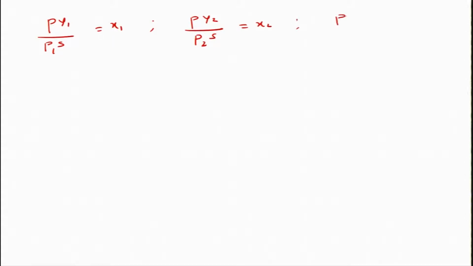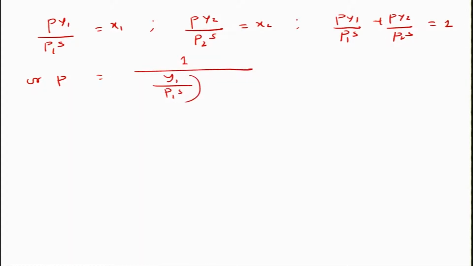That means Py1 by P1 sat plus Py2 by P2 sat is equal to 1, or P is common here, this is nothing but y1 by P1 sat plus y2 by P2 sat. Okay. So, this is the expression of dew point, right.